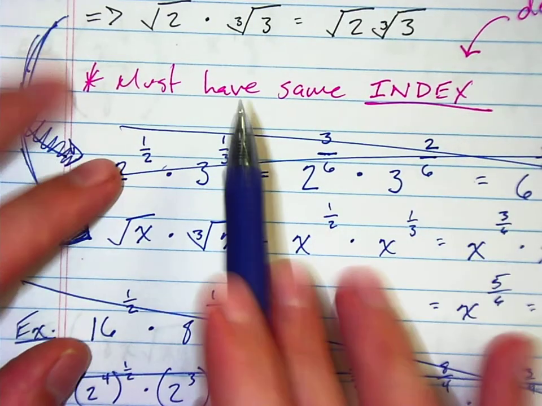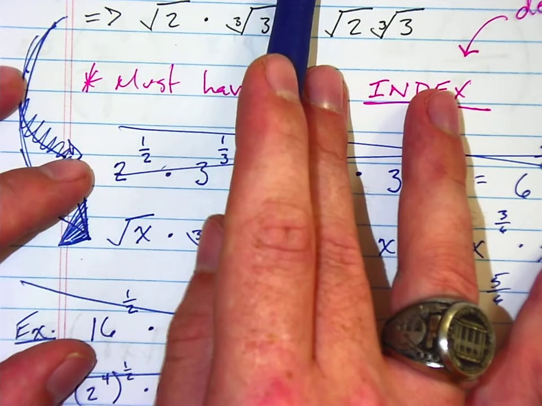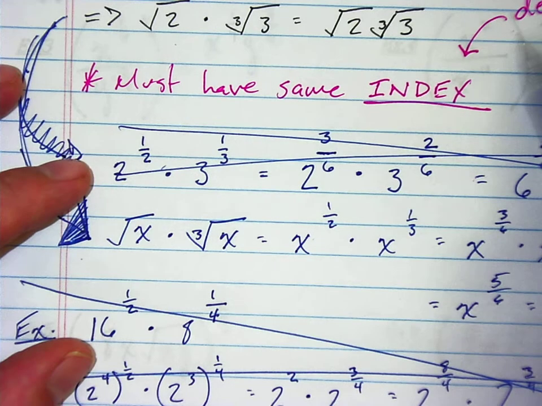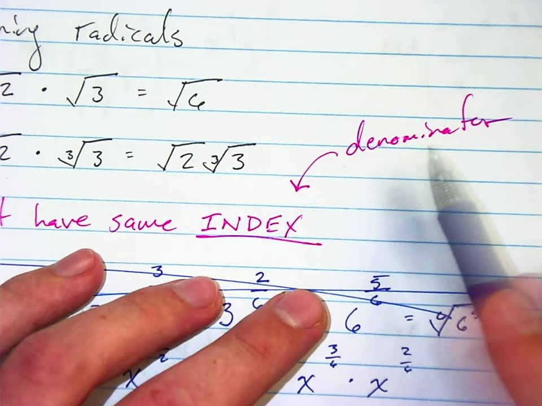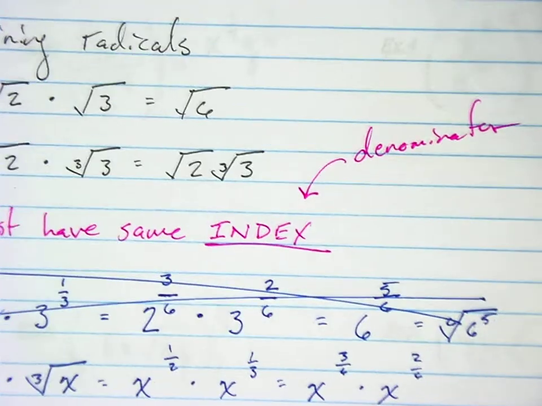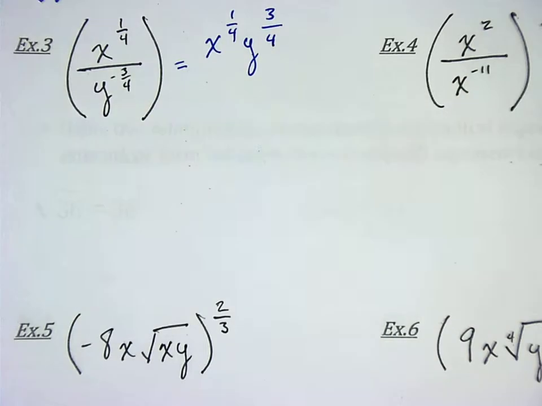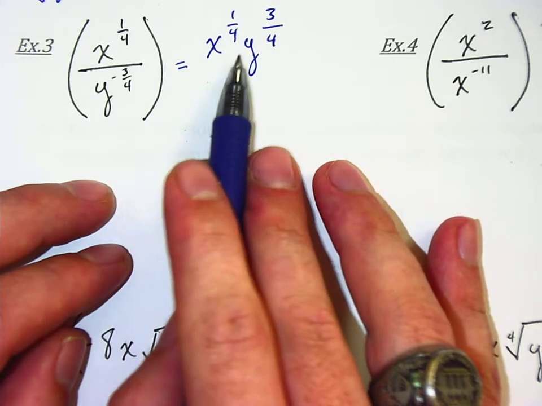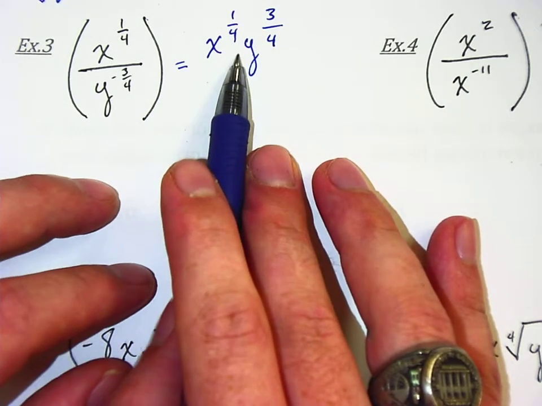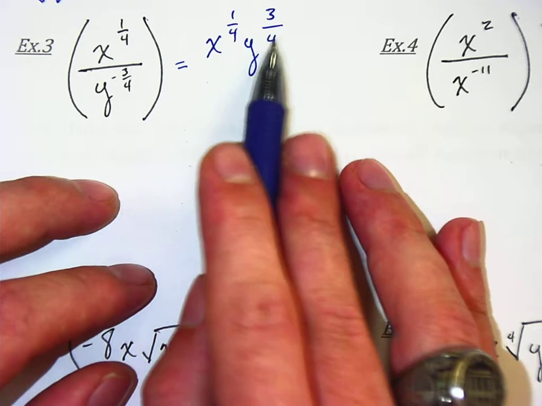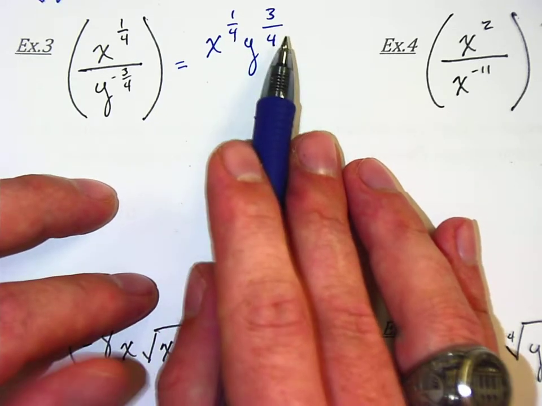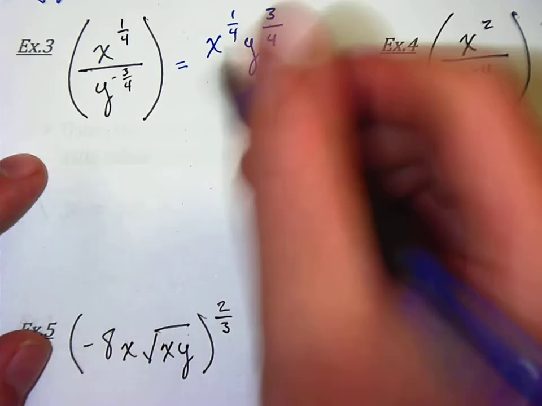To combine the radicals, though, I've got to have the same index or denominator if I'm dealing with a fractional exponent. So instead of having these written as exponents, let's write them as radicals, because the denominator is already the same, which tells me that I can combine these if they're in radical form. So let's turn them into radical form.